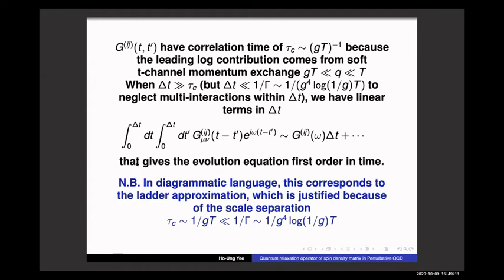In diagrammatic language, what we are doing corresponds to something called the ladder approximation. Essentially, we are neglecting the overlap of two consecutive collisions, which are far separated from each other compared to the time scale involved for each collision, so that each collision can be treated as a single independent event.